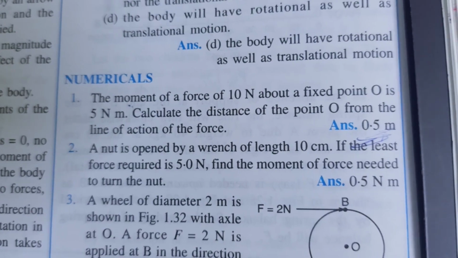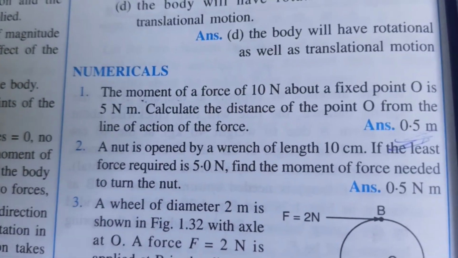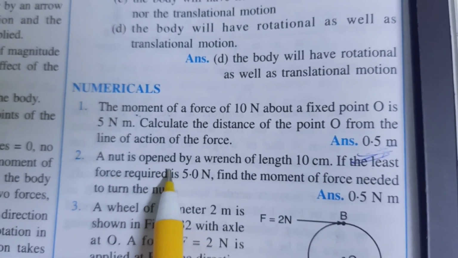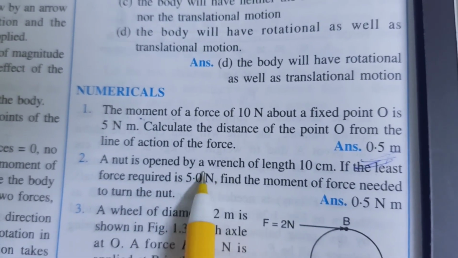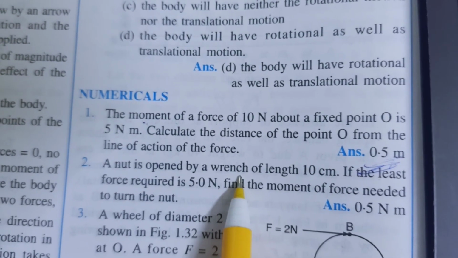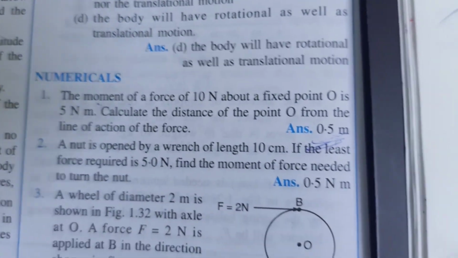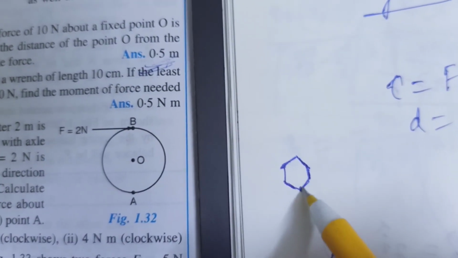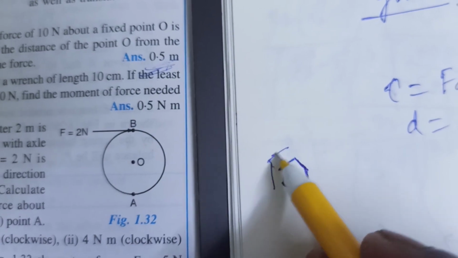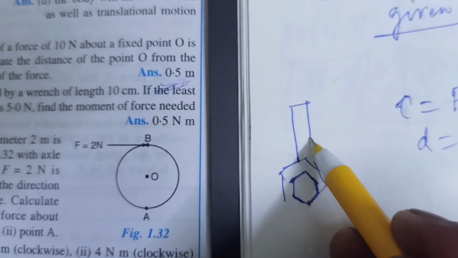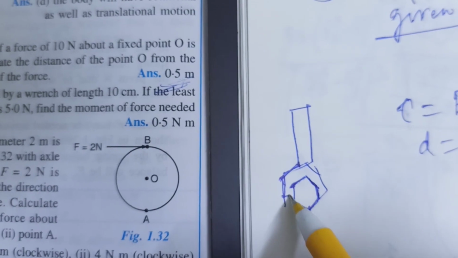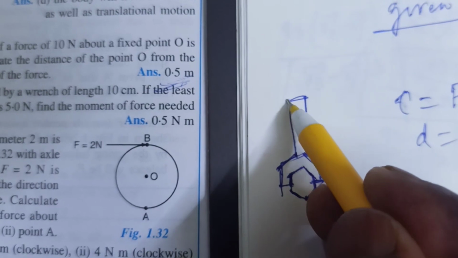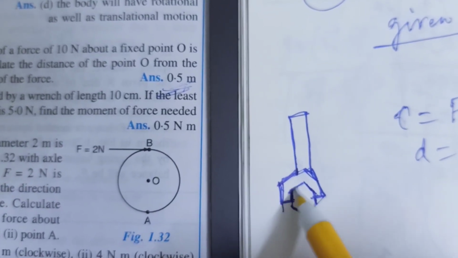So question number 2. For question number 2, a nut is opened, and we always use a wrench to open a nut. So this is a wrench, and we all know the particular shape. Suppose this is a nut, and this type of shape is used. A lever machine, or lever, is used to open the nut.